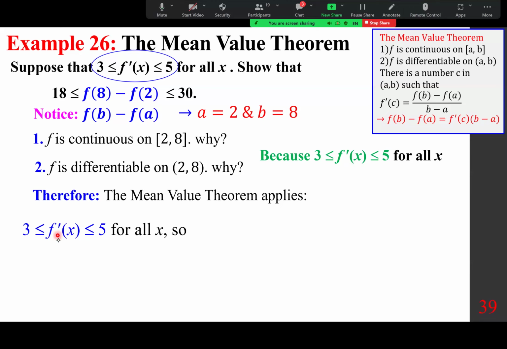So f prime of c, which is f of b minus f of a over b minus a, must be between 3 and 5, right? So let's quickly recap. This is really the key. This is given. It's claiming f prime is regardless between 3 and 5. So f prime of any number, how about c in general, is between the two.